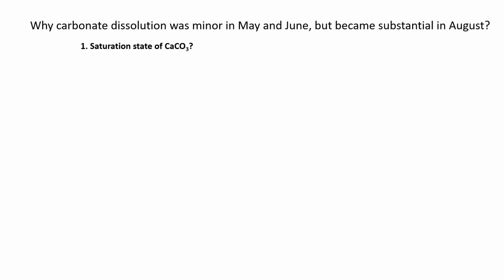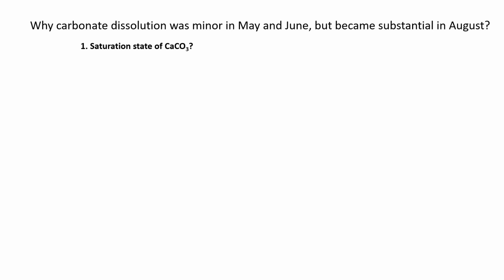August. One may raise a question: why was carbonate dissolution minor in May and June, but became substantial in August? The first possibility is the change of saturation state of calcium carbonate, that is, omega. As we all know, when omega is larger than 1, calcium carbonate precipitation is thermodynamically favored.